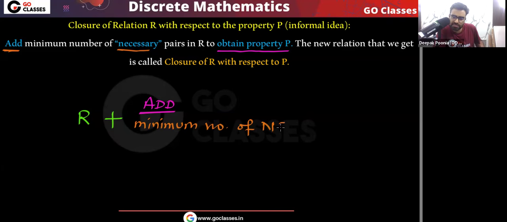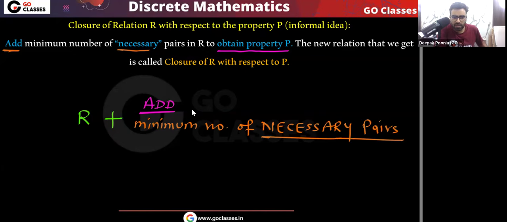Focus on this word necessary. Only the necessary pairs we will add. Minimum number of necessary pairs we are going to add.